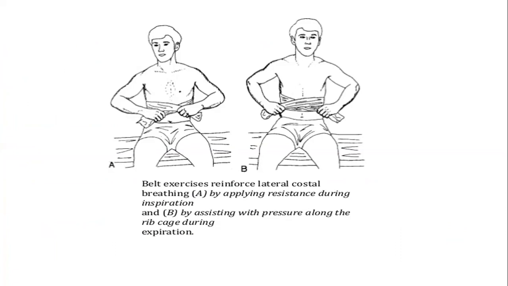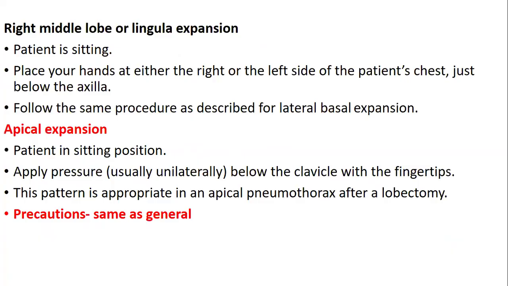You push out the air. Then breathing in should be against that same amount of force. So that again can happen on any of the lobes of the lungs. Just check the lung that you want to work on and do the same. The procedure is the same as the ones that we have already highlighted up there.